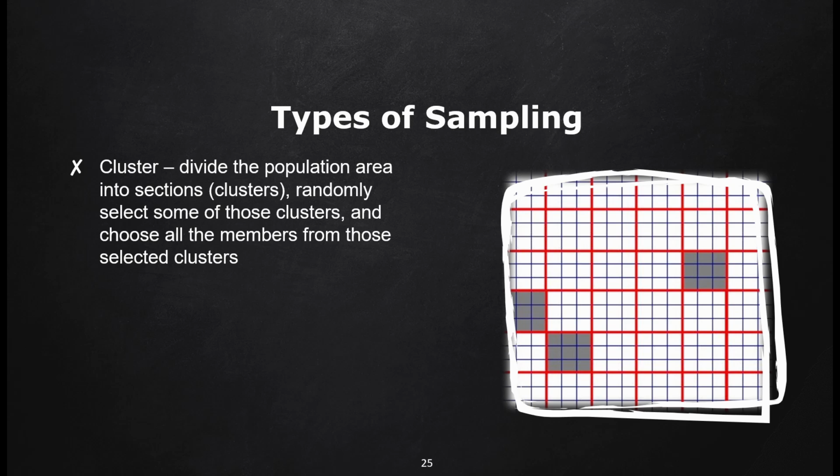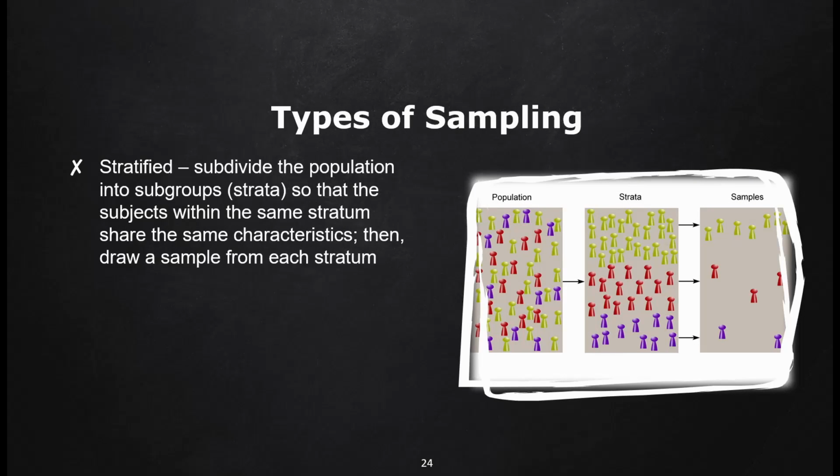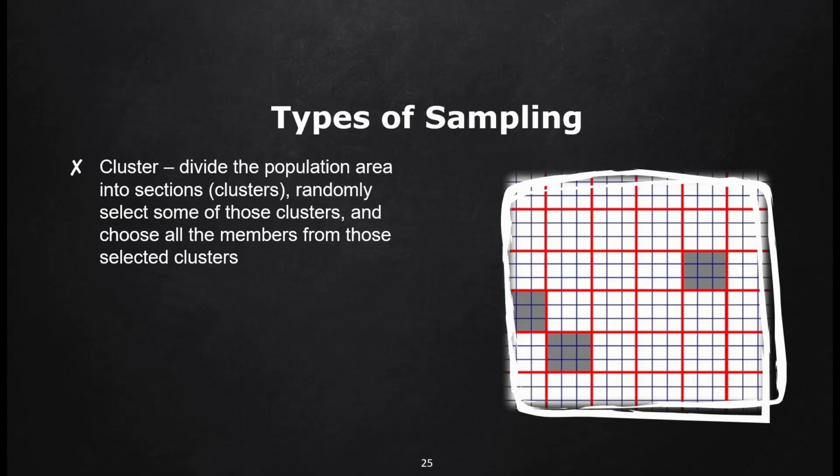So the main difference between stratified and cluster: in stratified, we're dividing the population into subgroups, and then we randomly select a couple from each subgroup. Cluster has to do mostly with geographical area. So we're actually dividing the land or an establishment or you name it.